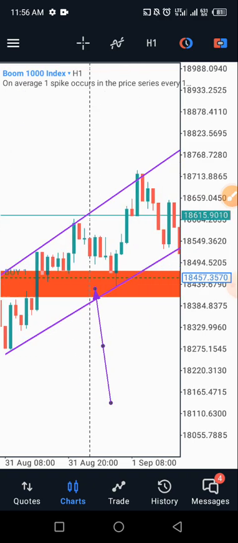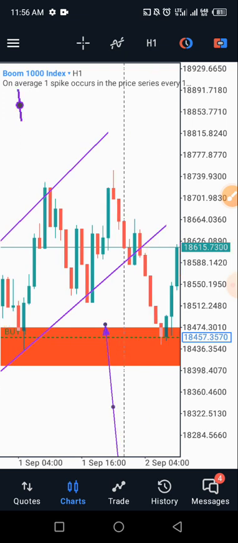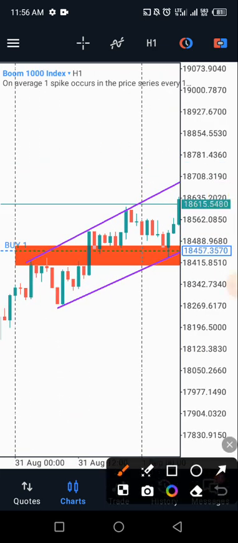If we go further, we are going to see that it will be somewhere around here that price is going to turn from, and that is why we are able to catch this sniper entry somewhere around here. Remember, we are not going to enter around here, but somewhere around here, because price has been respecting this particular level.